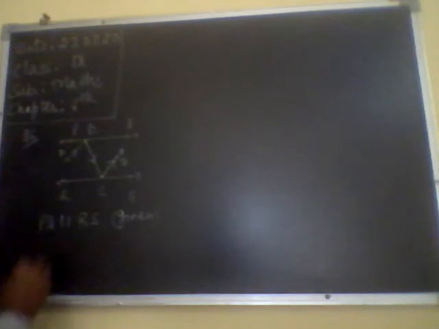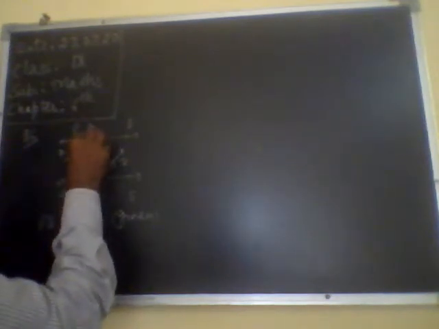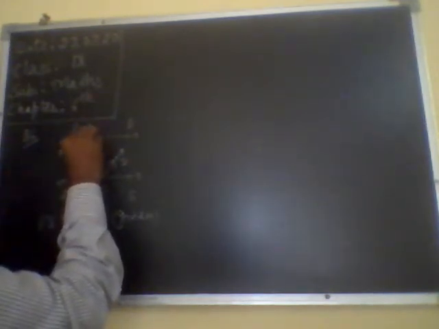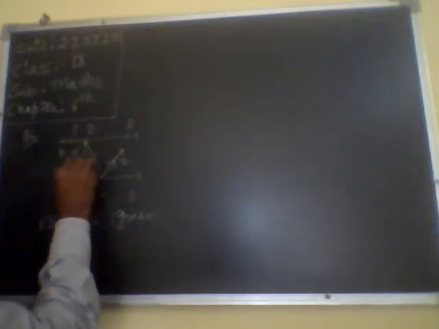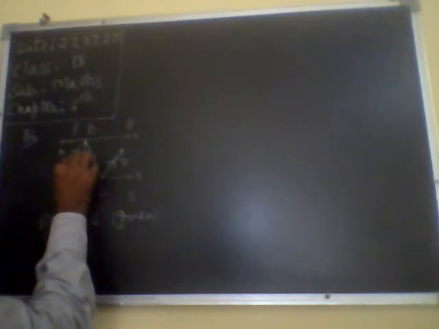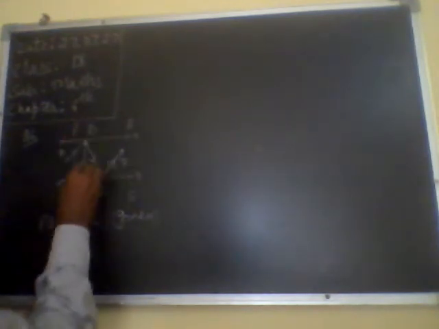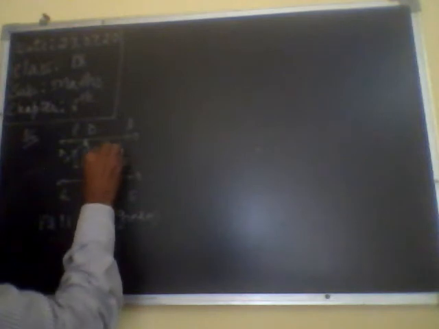So first of all you have to do a construction: perpendicular BL, marked L, and CM.